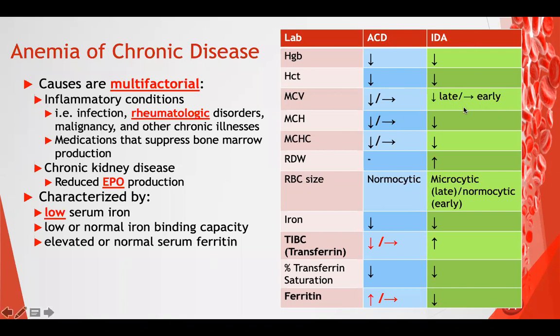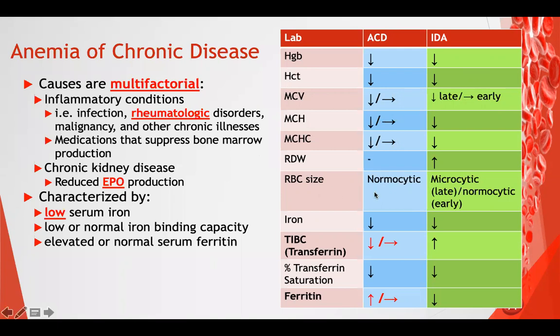So if you take a look at anemia of chronic disease and iron deficiency anemia, you see they will have some of these similar values. Depending on how it presents, they could be similar. So the MCH in anemia of chronic disease might be low or it might be normal.